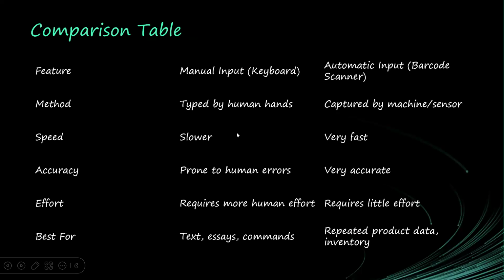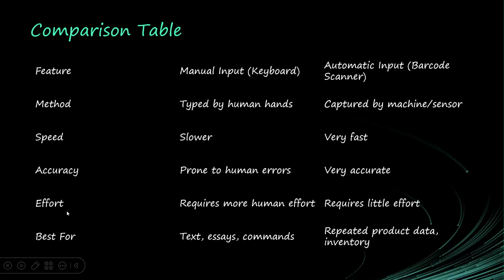So when we compare them, what method do they use to take data? For manual input, data is typed by human beings, but for automatic, it is captured by machines or sensors. When we talk about speed, manual input devices are slower, automatic are faster. When it comes to accuracy, the manual input devices are prone to human errors, but the automatic input devices are more accurate.